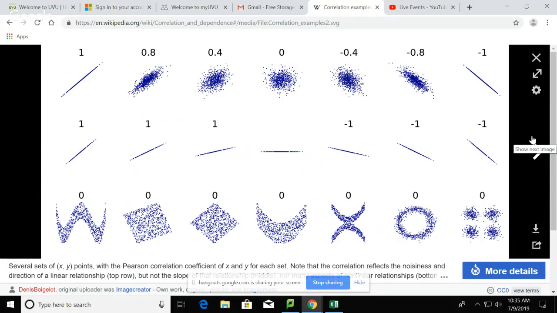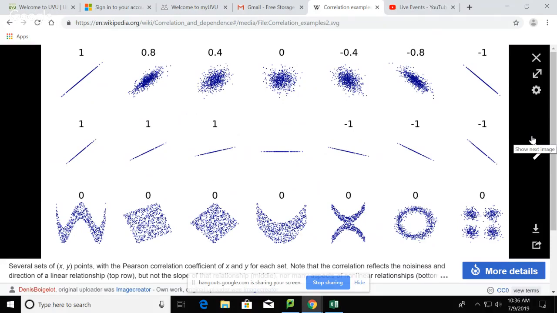As a general rule, and I'm going to use absolute value here, if the absolute value of R is greater than 0.7, we're going to call that strong correlation. If your R is between 0.3 and 0.7, we're going to call that moderate. And if your R is less than 0.3, we're going to call that weak.